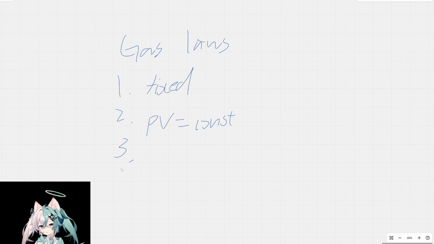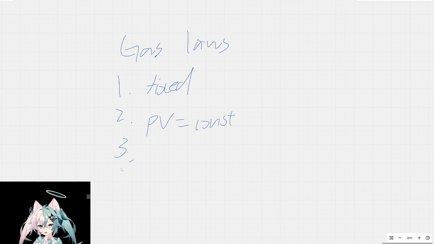And then another question, what is Charles' law? Charles' law states that at constant pressure, the volume V of an ideal gas is directly proportional to its absolute temperature T. And also, what is the pressure law?